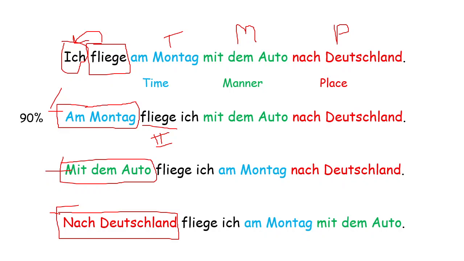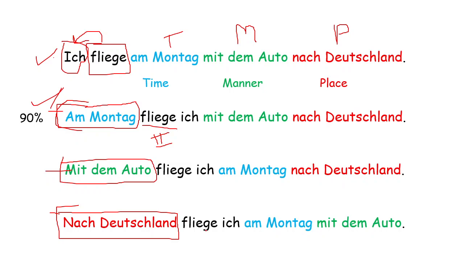But 99% of the time you will see time at the first position, then verb, then subject in present tense like this. Mostly you see this. This is only when you want to emphasize something, like in the middle of a story, they want to emphasize that particular mit dem Auto fliege. But the verb is always at second position.